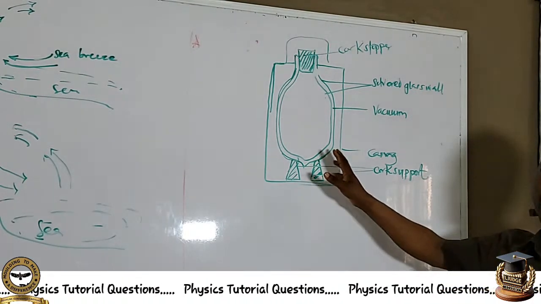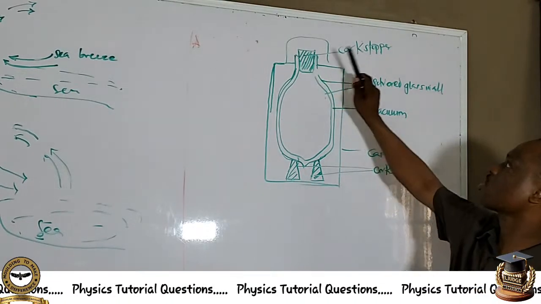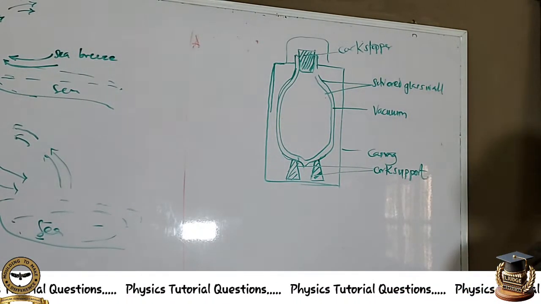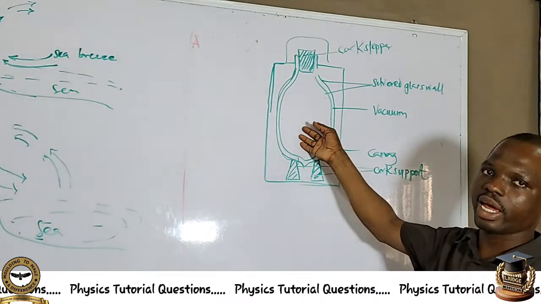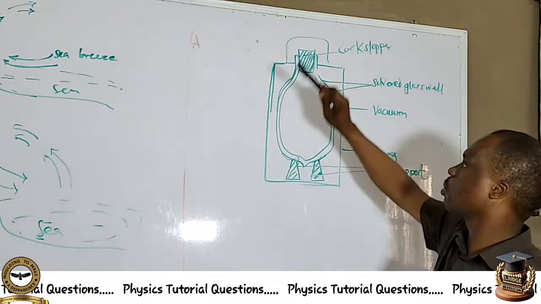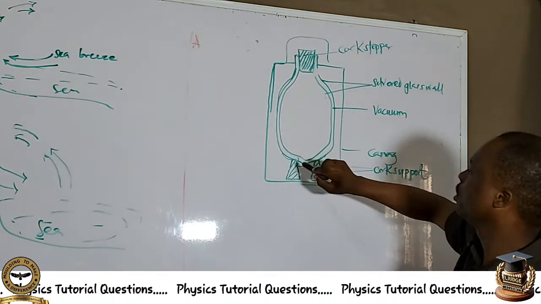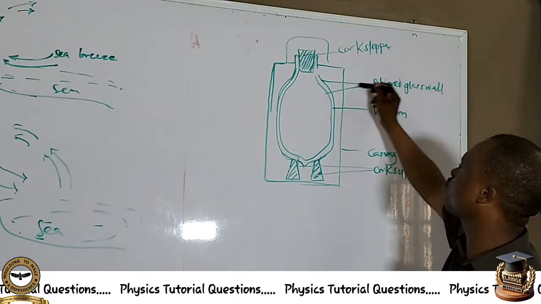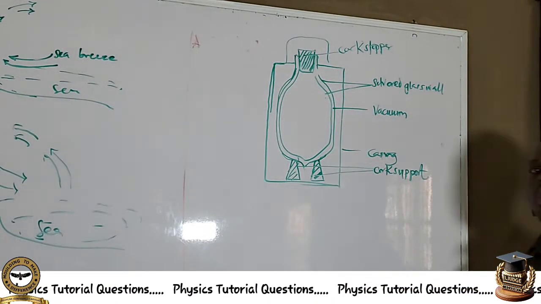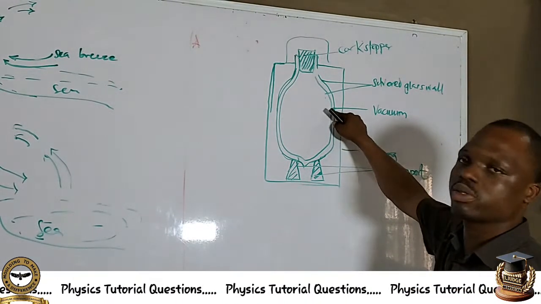Now, the first thing is the cork stopper helps to reduce heat loss by the liquid there, by evaporation and by convection. The double silvered wall glass helps to reduce heat loss by conduction. The vacuum helps to reduce heat loss by conduction.